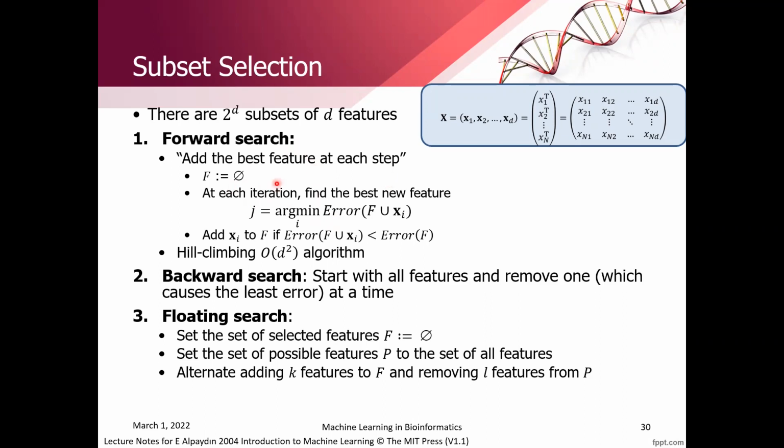Forward search works with the following idea: add the best feature at each step. We start with an empty set of features, and at each iteration we try to find the best new feature. How to find it? We take our current set of features, add one of the remaining columns of the matrix, and compute the error of the approximation.